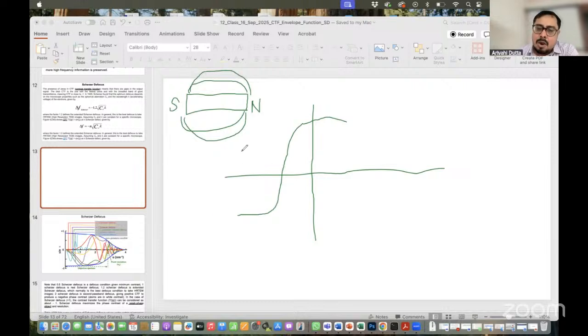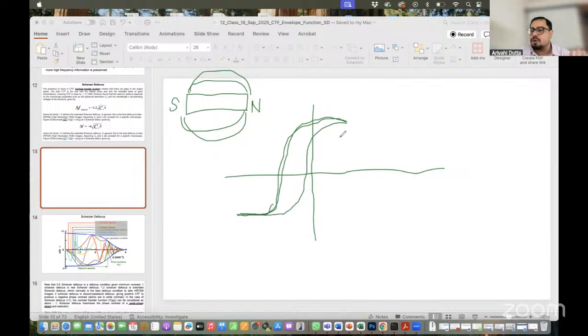So when there is a north and south pole, there is a division and it is going in one particular direction. When those things align, when the metal magnetizes, it will follow a certain path, and when it comes back to normal, it will follow a different path.